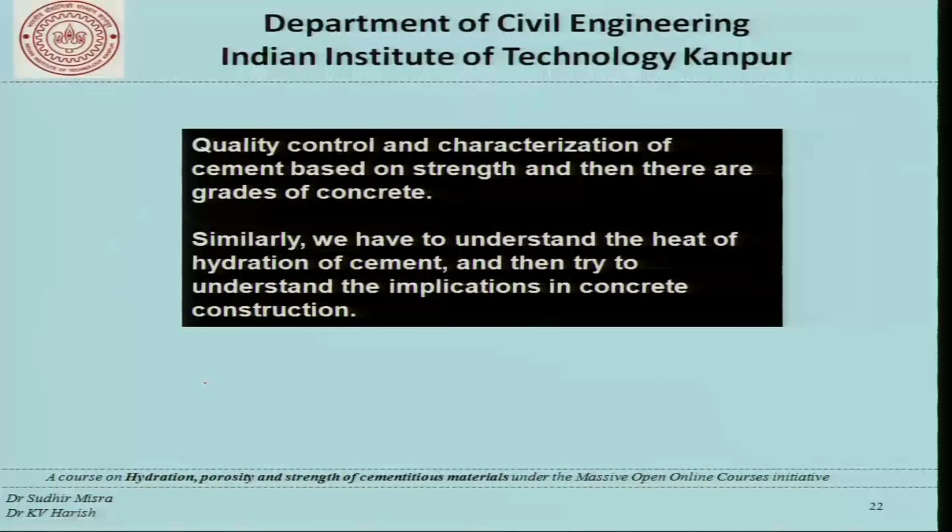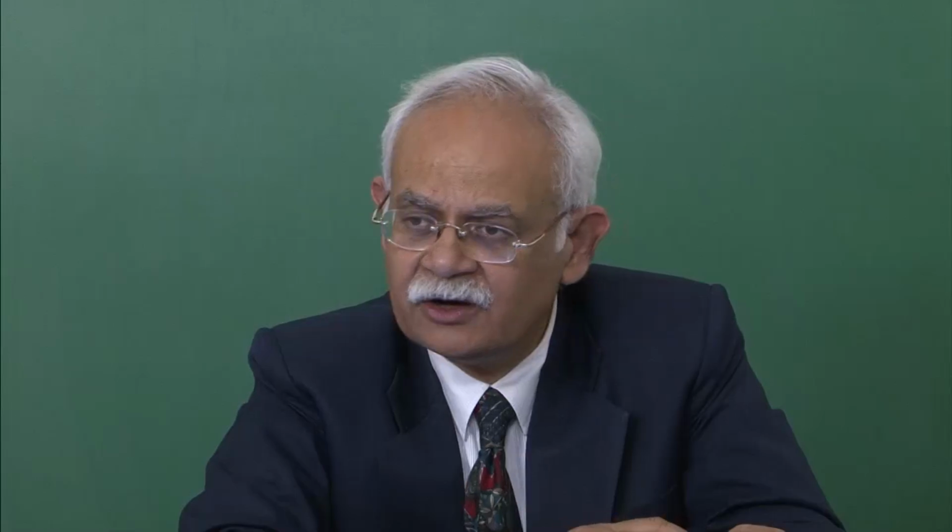Let me give you another illustrative thought. Quality control and characterization of cement based on strength, and then there is grades of concrete. We talk of cements in India which are OPC grade 33, 43 and so on. So we have grades for cement, and then there are grades for concrete.